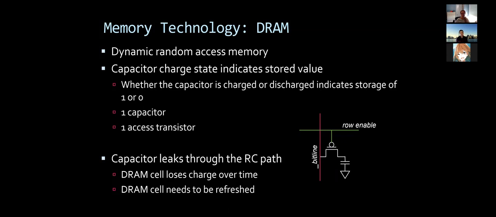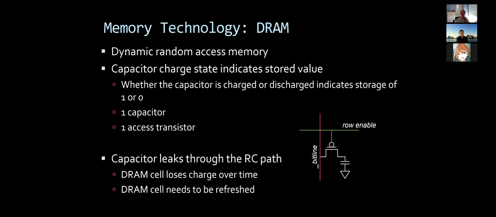So there are pros and cons in DRAM technology. The pro is that because it's only one capacitor and one access transistor, it's much smaller, right? So it means they can get much better density. It's also much cheaper to build because there are way fewer transistors. But the big downside is that it leaks charge over time.